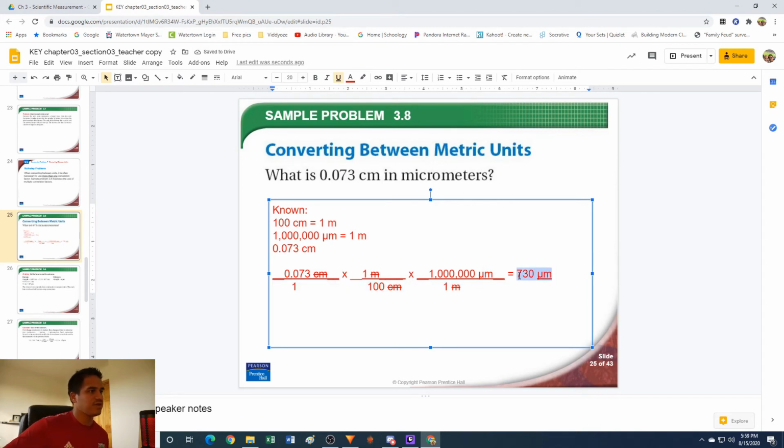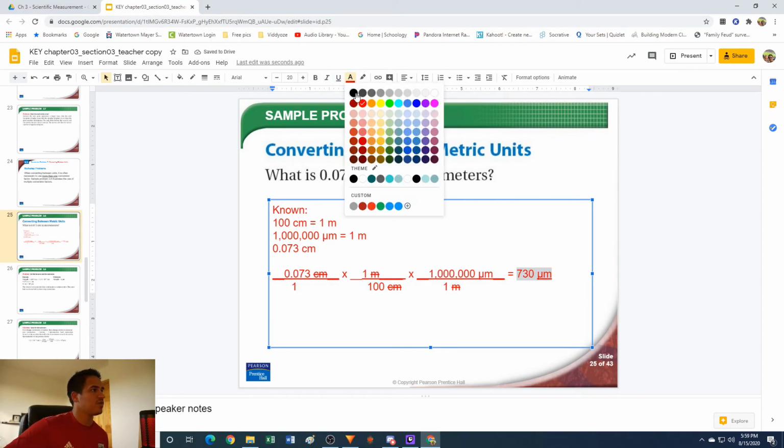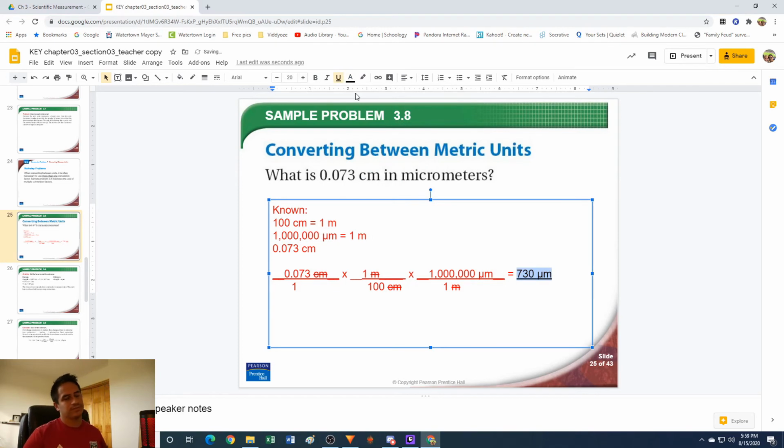Okay, 730 micrometers as our final answer. So this is what we call dimensional analysis, where we take the units we're starting with and use conversion factors in the right way so that the unit we're starting with cancels out with the unit on the bottom of the conversion factor, since they're opposites. We just keep canceling our units until we get into the units that we want as our final answer. And then we just do the math out.